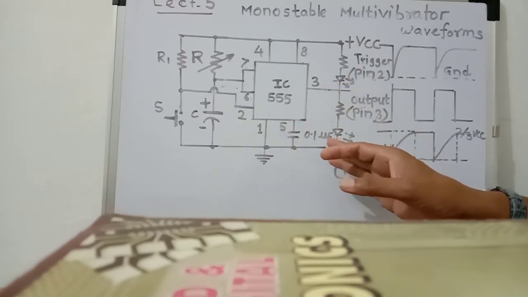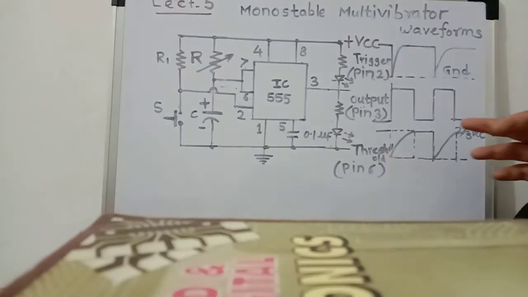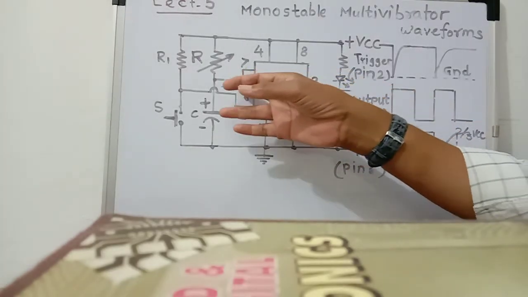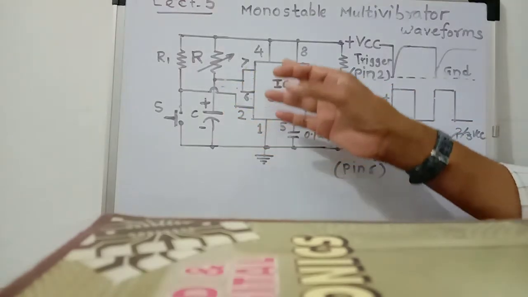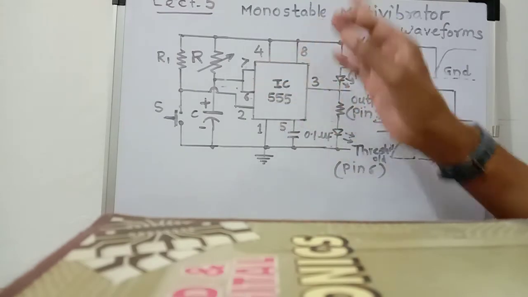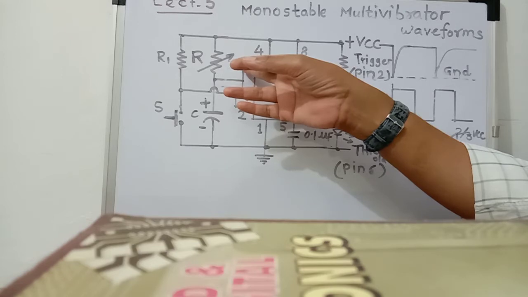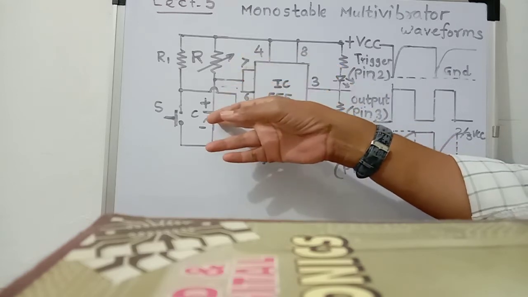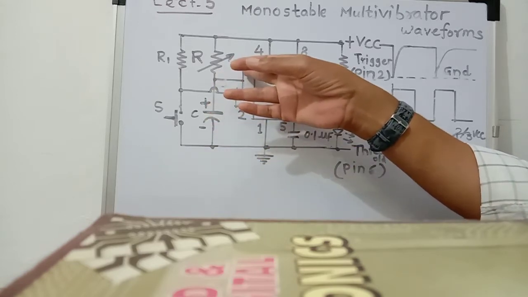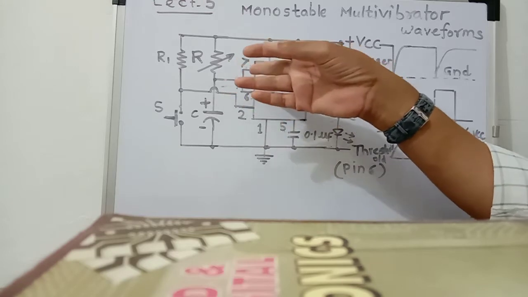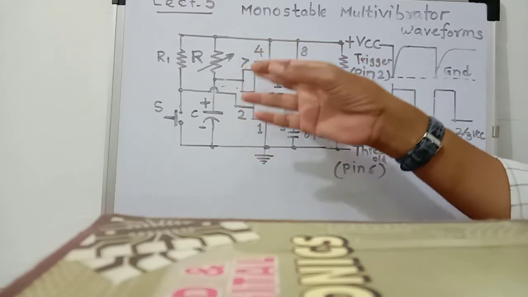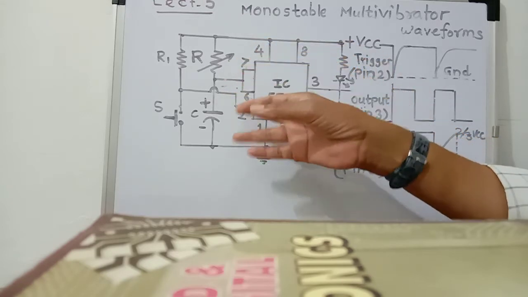Here in this circuit, pin number 6 and 7 are connected together. Then pin number 4 and 8 are also connected together. Pin number 7 is the discharge pin. The external capacitor discharges through pin number 7, that is, through the internal discharge transistor.